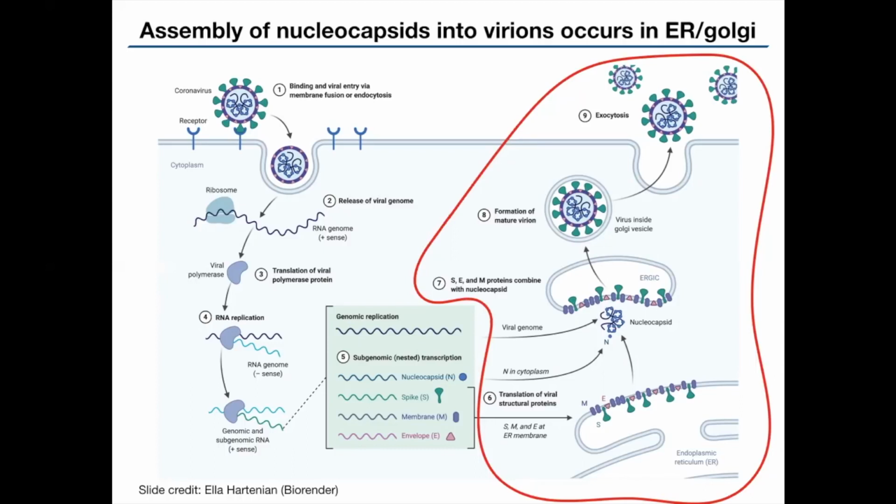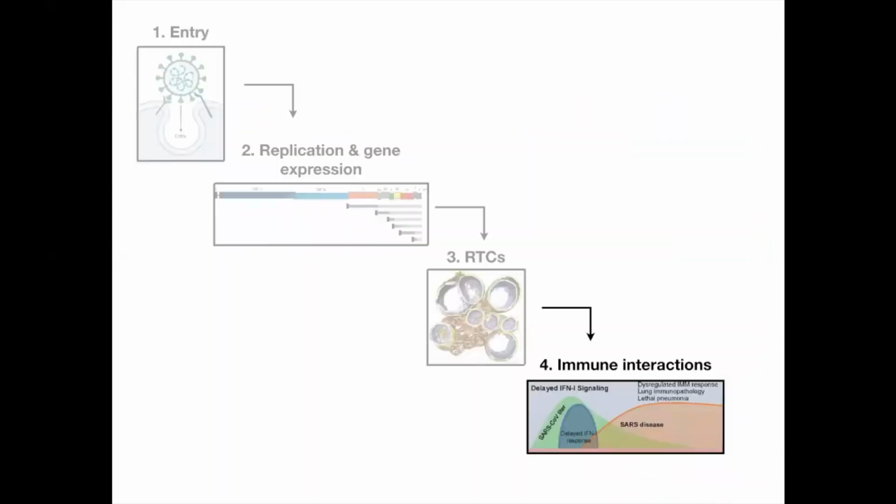It's known that the budding occurs in association with the Golgi. These particles are then probably glycosylated at particular sites and released through a process that's like exocytosis out of the cell so that they can then go on and infect neighboring cells. Okay. So that is the basic replication mechanism of the virus.